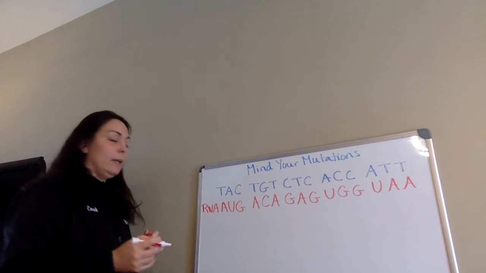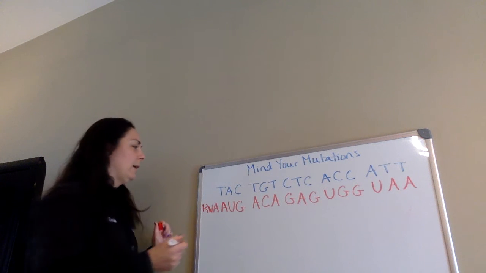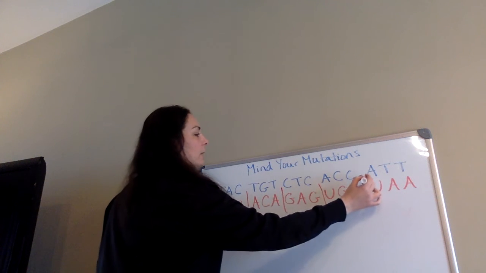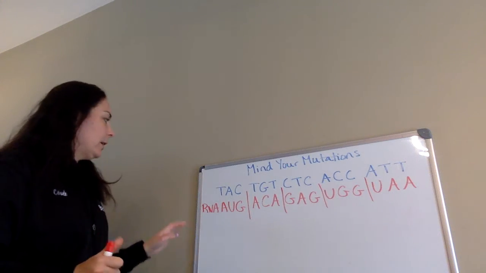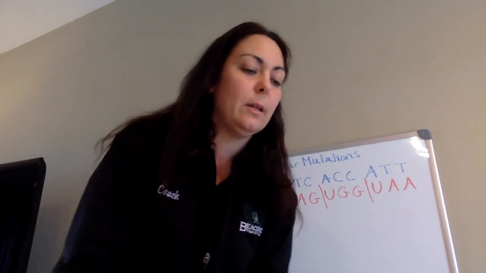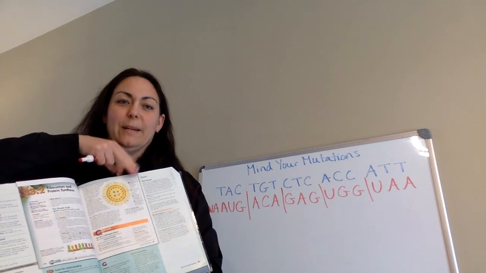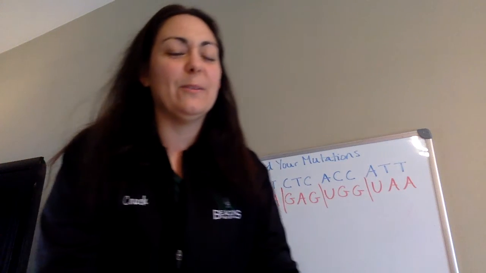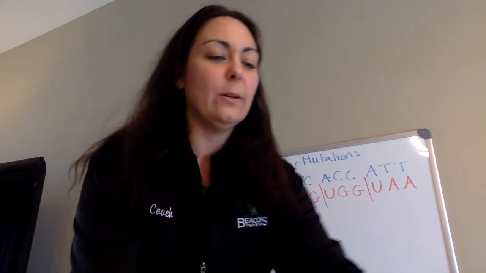Then when you are done, I realize you probably can't draw a line if you're typing it in the Google Docs, but you can add some spaces between your codons, which again are the groups of 3 letters. And then, like I mentioned, you're going to need to use your genetic code chart, the other way, there we go, to write out the names of the amino acids that are represented by those codons.